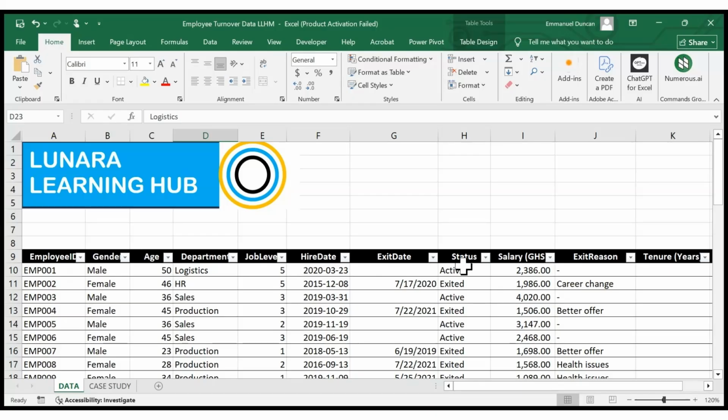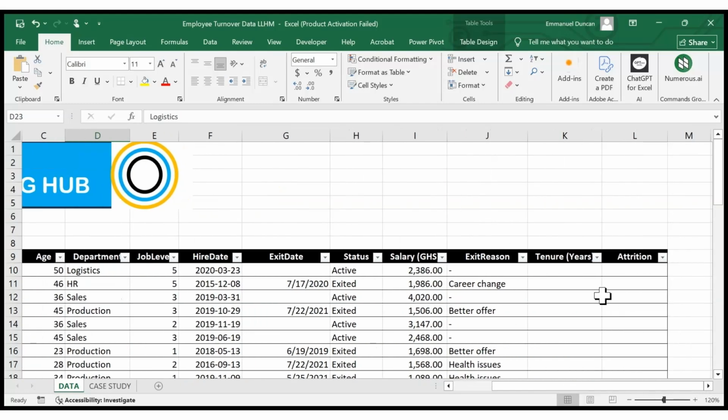We also have the status, indicating employees who have left and those who are currently with the organization. We also have the salaries of these employees and a column for the reasons why they left, their position.